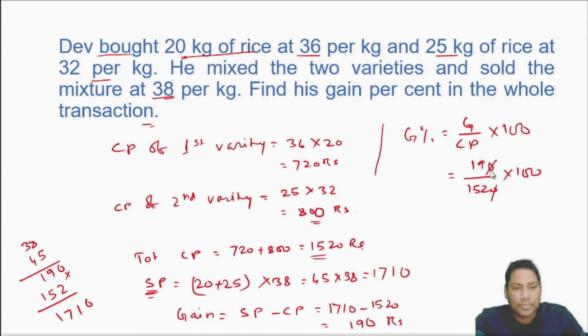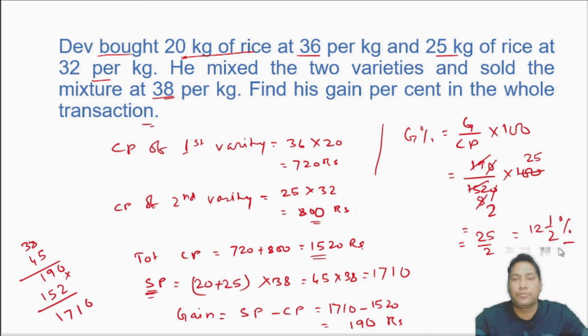The zeros cancel, and we get 25 divided by 2, that is 12 1 by 2% of profit. So the profit in the whole transaction is 12.5 or 12 1 by 2 percent.